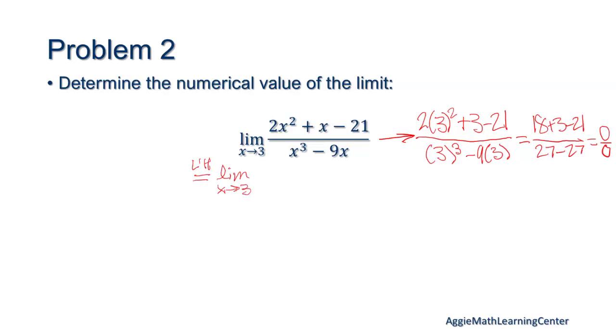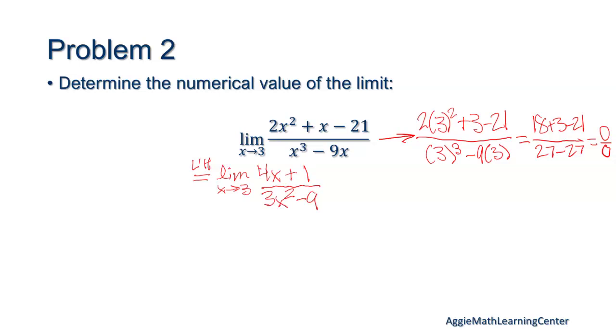The derivative of the numerator: multiplying the 2 by 2, we get 4x, plus the derivative of x, which is just 1, and the constant goes to 0. All over 3 times x squared minus 9, right?